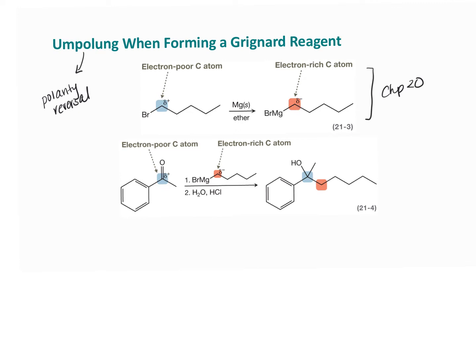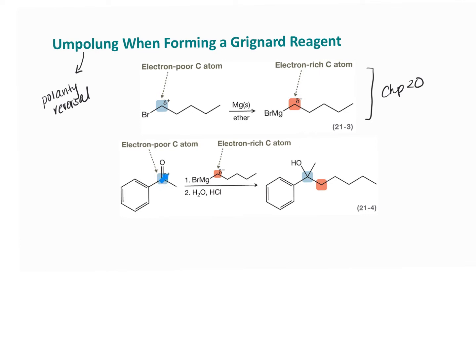All right. Now, I also want you to notice, shown on this slide, let me back up, that we can also look at how this reacts once we form a Grignard, okay? So we form the Grignard here. The Grignard is used in this reaction. This electron-rich carbon atom is going to be attracted to this partially positive carbon atom here.